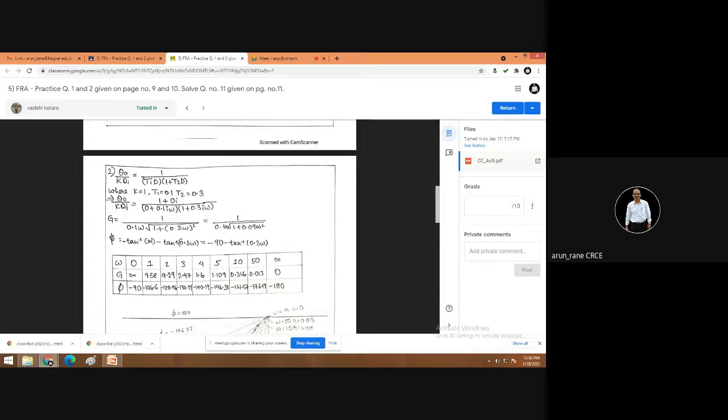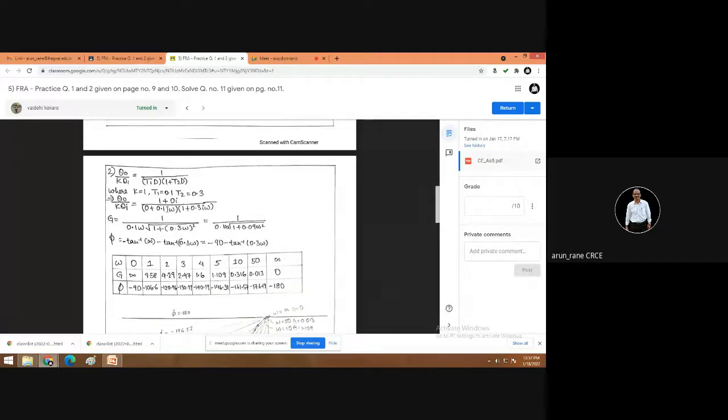Now phi, the phase angle. 1 can be written as 1 plus 0 I, so that will be tan inverse of 0, which is nothing but 0, so we don't write that. We go straight to 0.1 omega, which can be written as 0 plus 0.1 I omega.